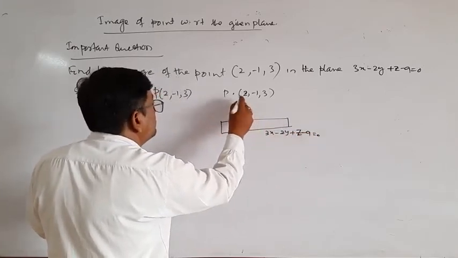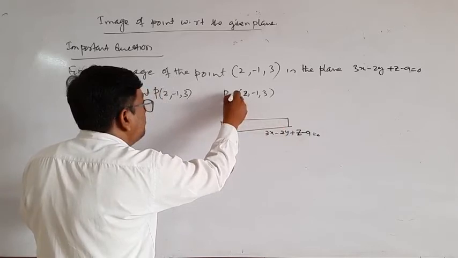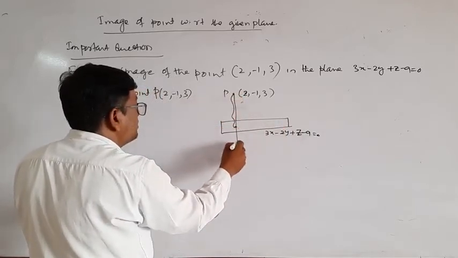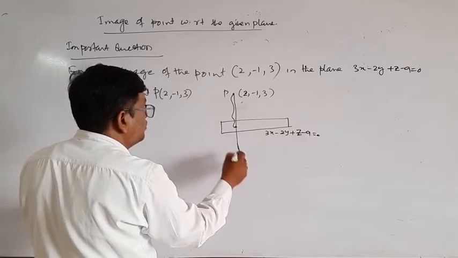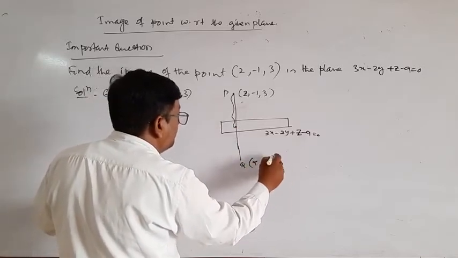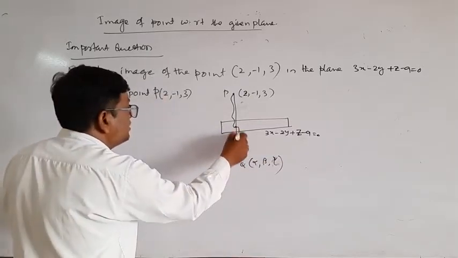Suppose this is the point of intersection, and the image Q is (alpha, beta, gamma). This distance is equal to this distance.